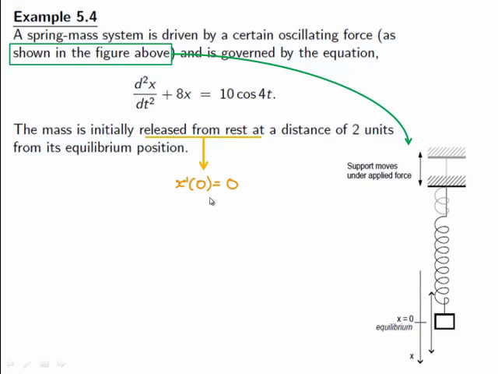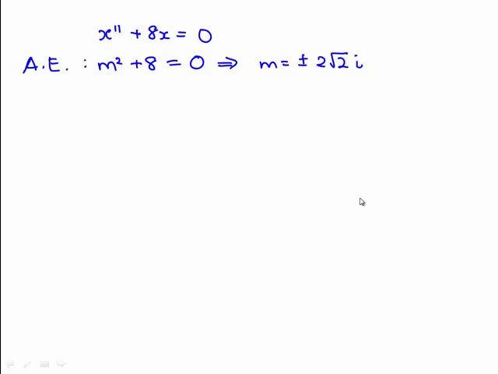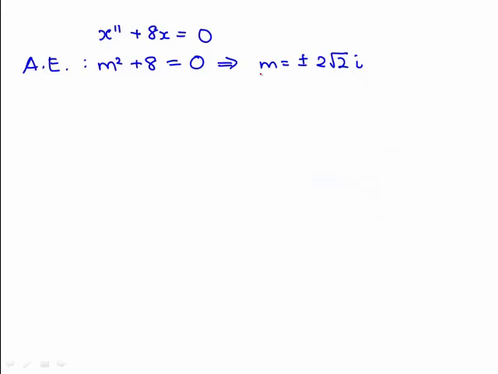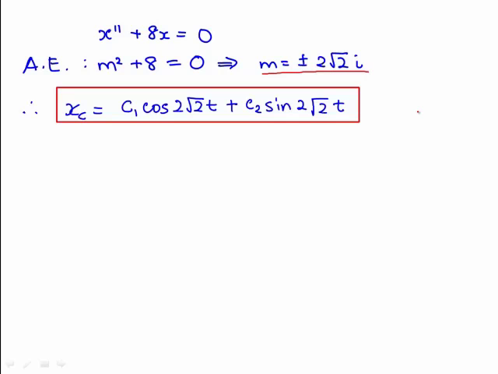Now we have one initial condition x'(0) equals 0 and another one x(0) equals 2. We will keep that in mind. But first, to solve this problem, we look at the associated homogeneous DE, x'' + 8x = 0. If we write down the auxiliary equation, it gives us m² + 8 = 0, and we can work out the roots, namely m equals plus or minus 2√2 i.